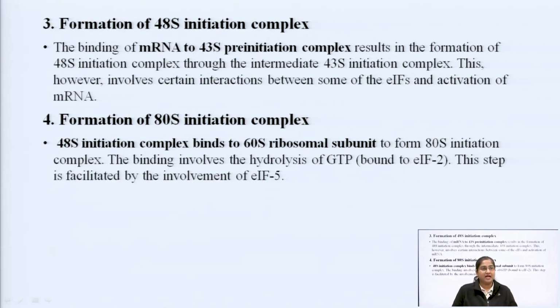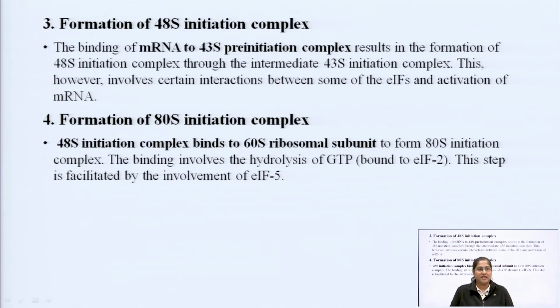Now let us see how that 43S will become 48S. The binding of mRNA to the 43S pre-initiation complex results in the formation of the 48S initiation complex through the intermediate 43S initiation complex.